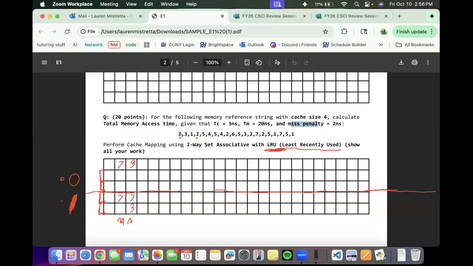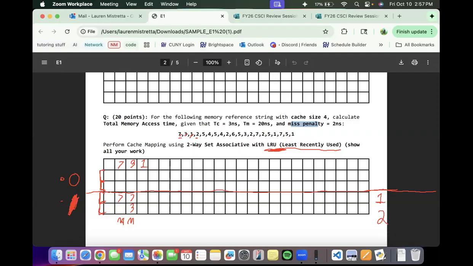7, 3, miss. Now I know that I have a 1. 1 is also odd, so I know it's going in the second set. But now I need to say which one I am replacing. It might make a little more sense with the LRU when I have only these 2 that I have to worry about. So let's write it out like this: 1 and 2.